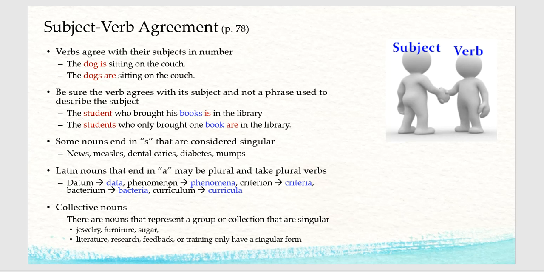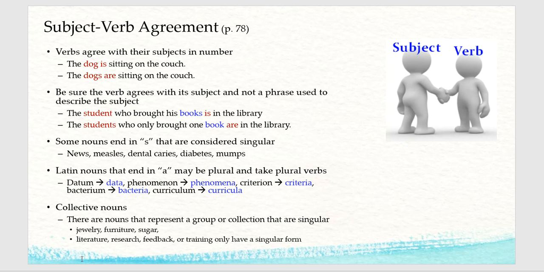So here's a variation on a theme with phenomenon and phenomena. Same thing with criterion and criteria. Bacterium is one single cell bacterium. And then if you have more than one, it's bacteria. We have a tendency to use bacteria interchangeably with singular and plural, but this does mean plural. Same thing with curriculum. This is singular and curricula is plural.